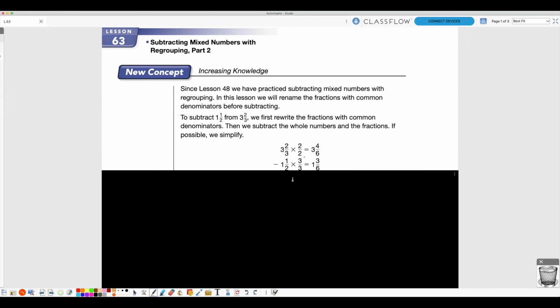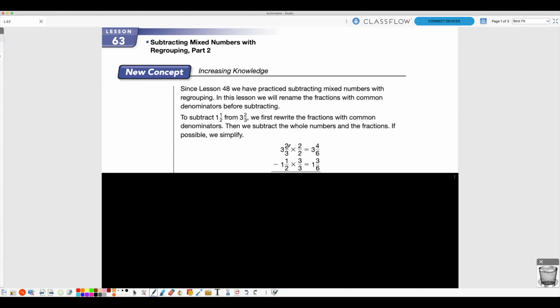Because 1 1/2 can be multiplied by 3/3 in order to get a denominator of 6. So 1 times 3 is 3 for the numerator, and 2 times 3 is 6 for the denominator. And we bring the whole numbers over as well.